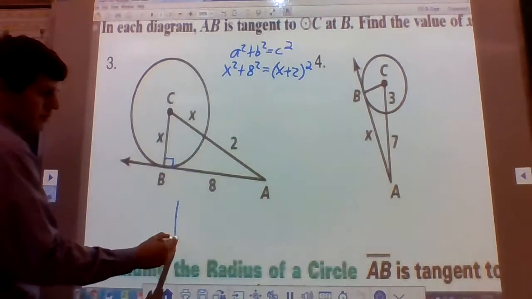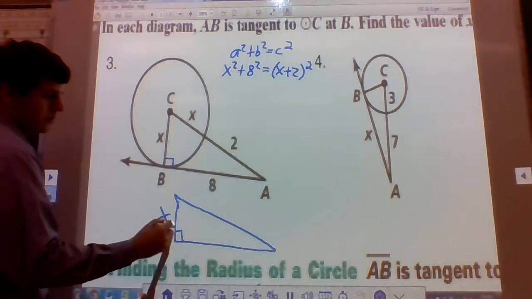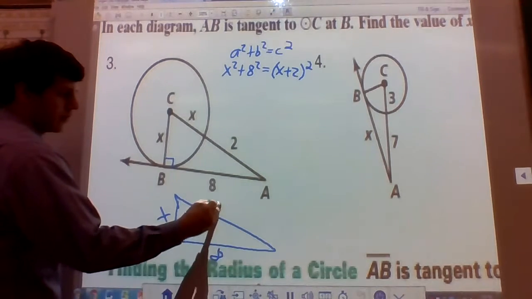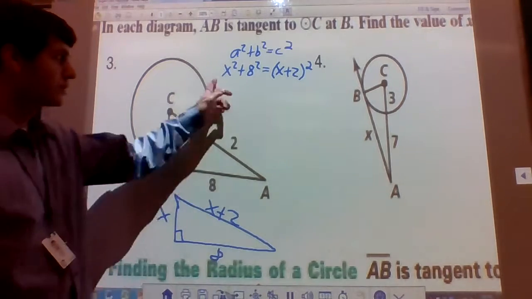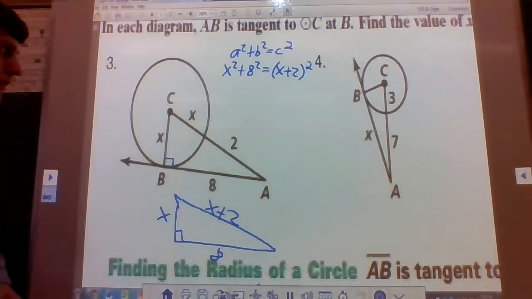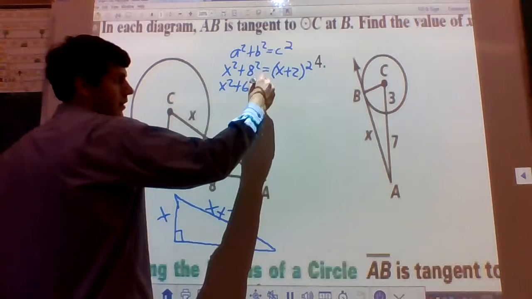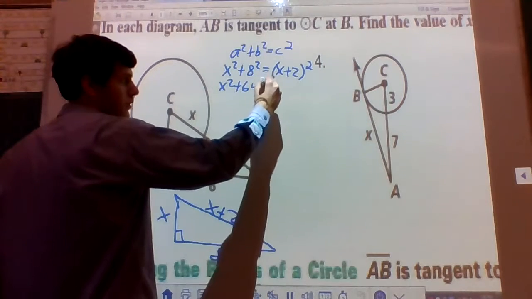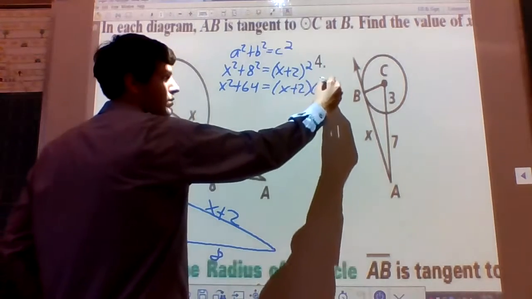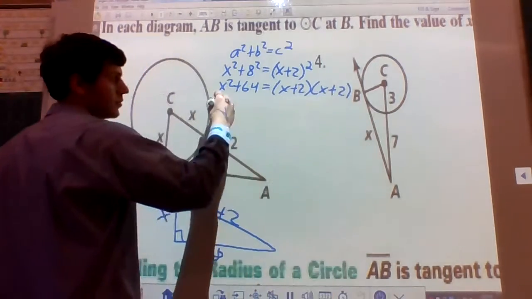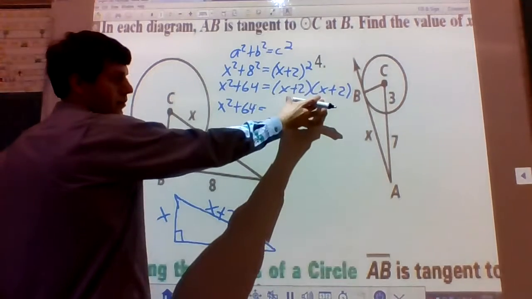So again, if I were to redraw this triangle, this would be x, this would be 8, and this would be x plus 2. So we have x squared plus 8 squared equals x plus 2 squared. So that's x squared plus 64. This x plus 2 squared is really the same as x plus 2 times x plus 2. We can FOIL this out.